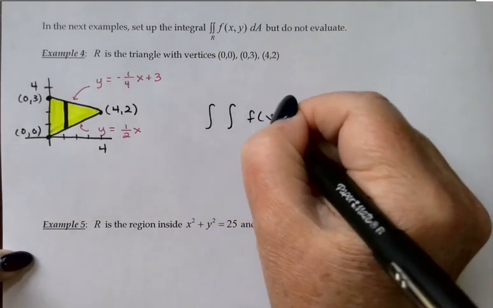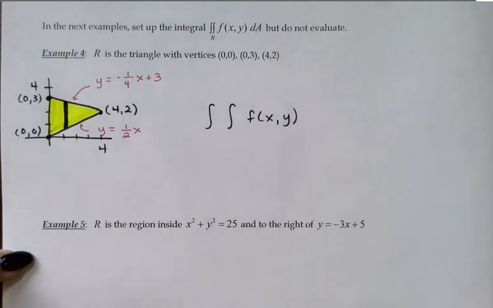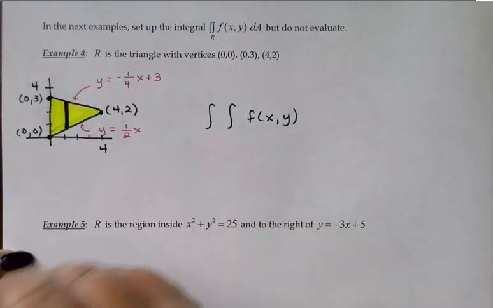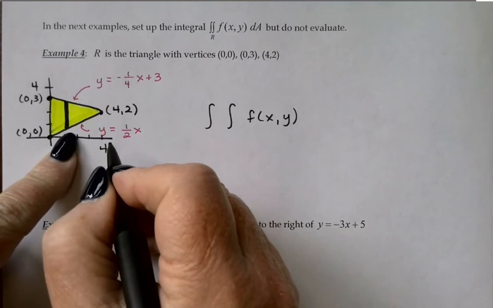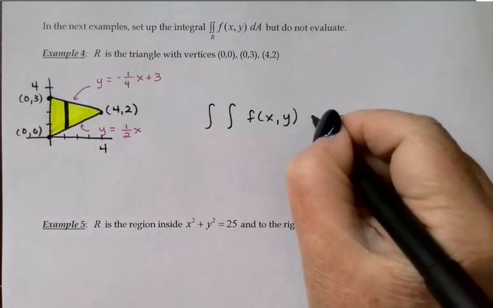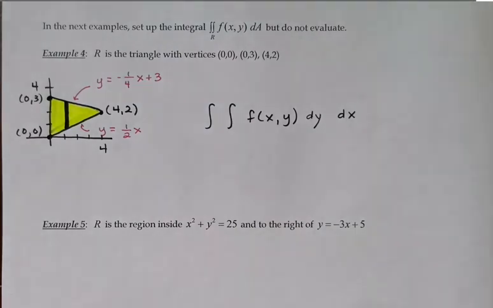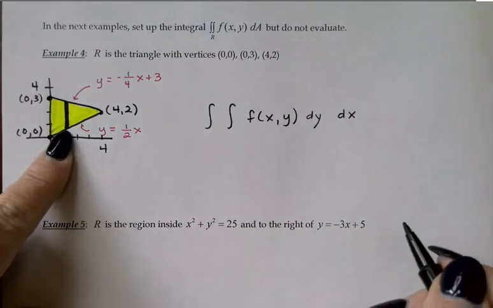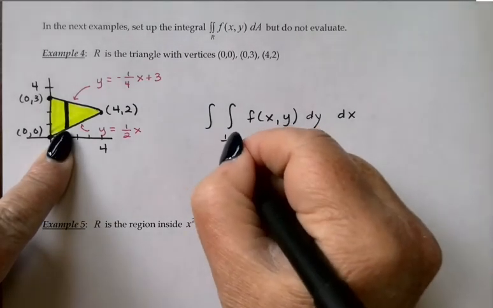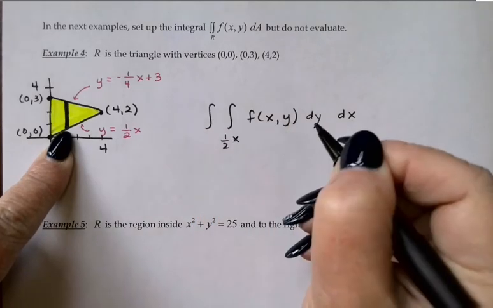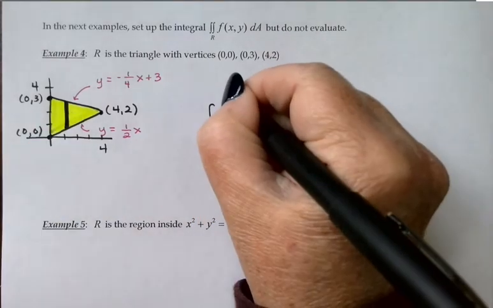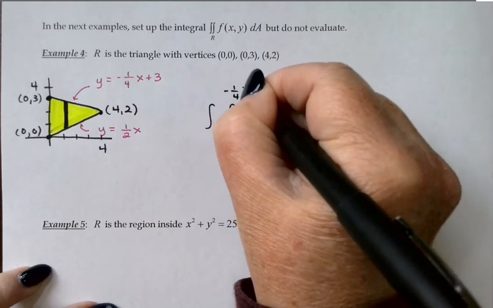So when I integrate my generic function f of x and y here, doing a vertical rectangle means I'm going from a lower y to an upper y, doing dy first, leaving dx for second. My lower limit of integration is 1/2 x, and my upper limit of integration would be negative 1/4 x plus 3.